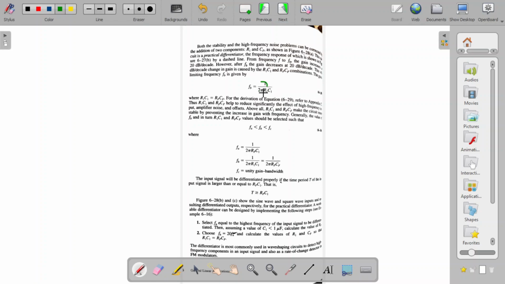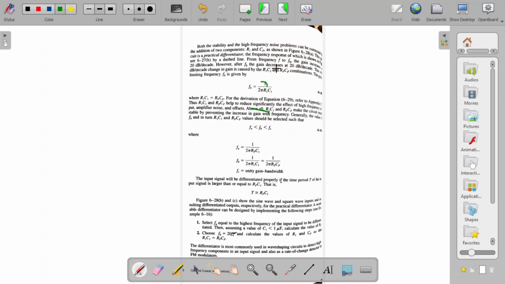But R1C1 and RFCF are also made to be numerically equal. R1C1 and RFCF are numerically equal in this particular circuit to make it more effective. So I can even write FB as equal to 1 by 2 pi RF into CF, because R1C1 and RFCF are the same.